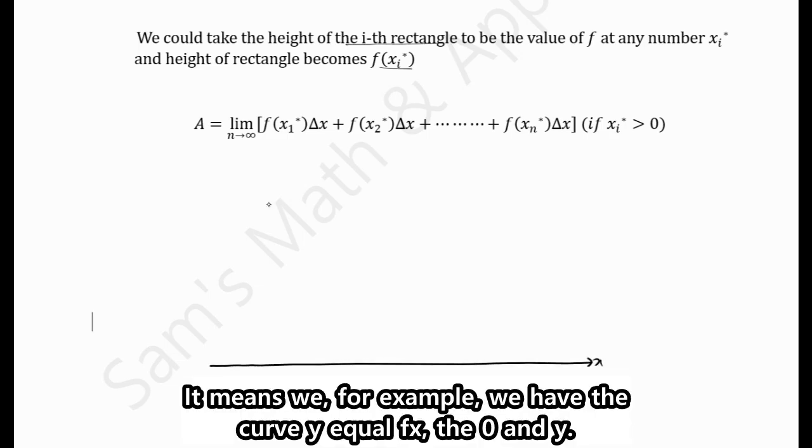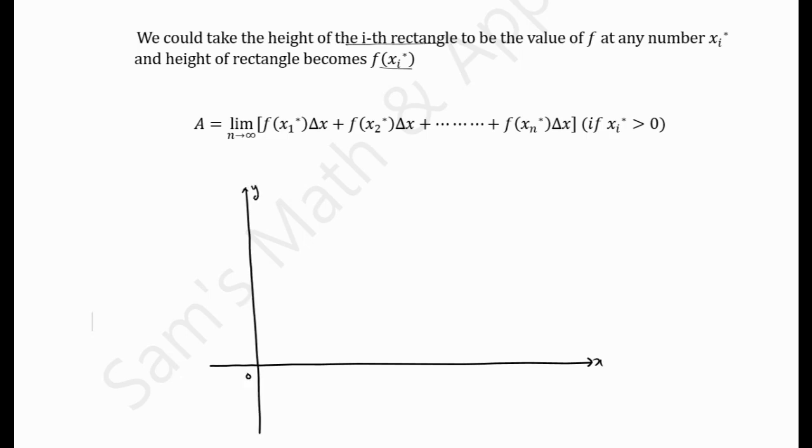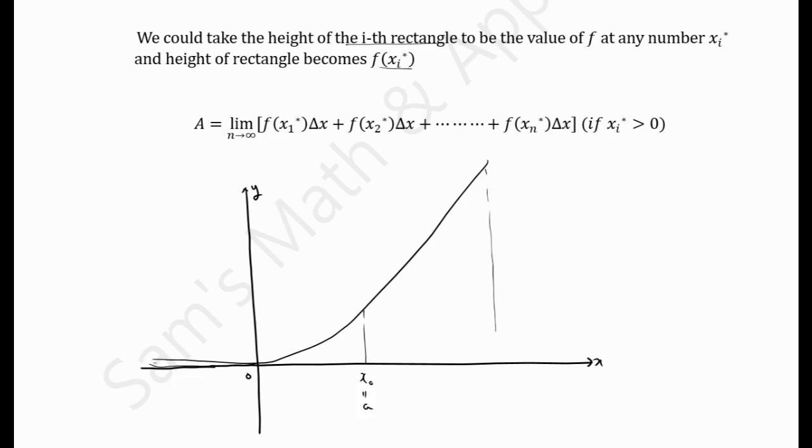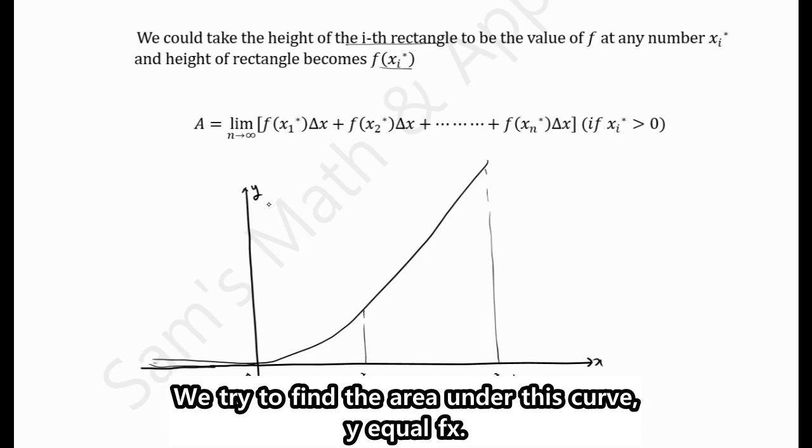For example, we have the curve y equals f(x), with 0 and y axes, from x equals a, which is x0, to x equals b. We try to find the area under this curve y equals f(x).